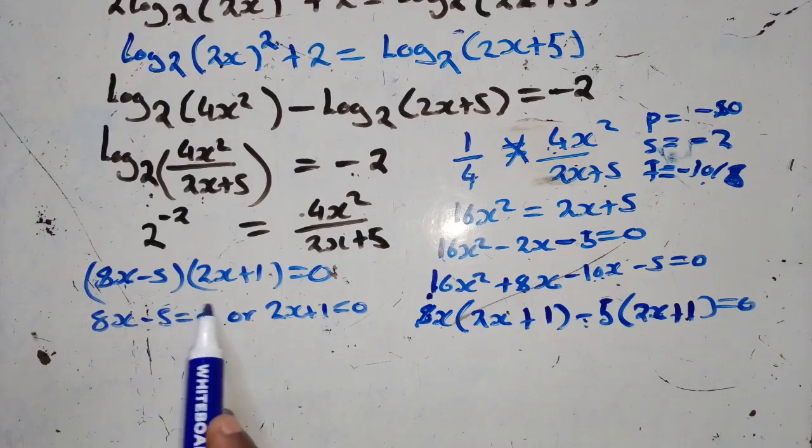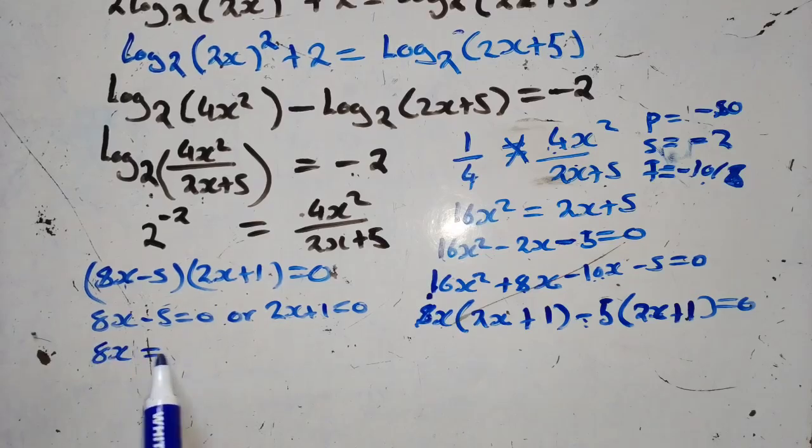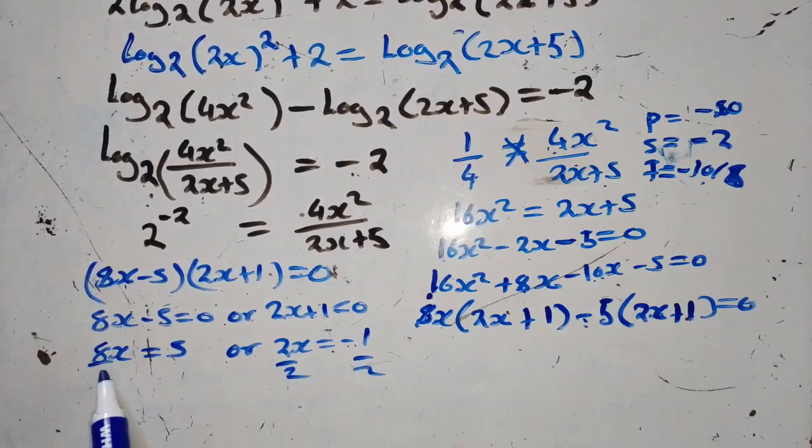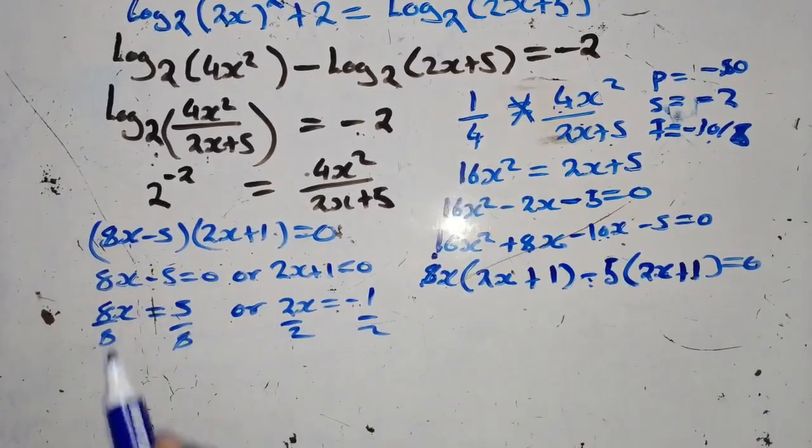So we take 5 to this side and it becomes positive. So we're going to have 8x is equal to 5, or 2x is equal to negative 1. Then we divide both sides by 2, and this side by 8, so that we make x the subject of the formula.